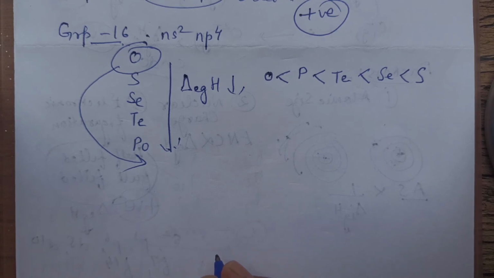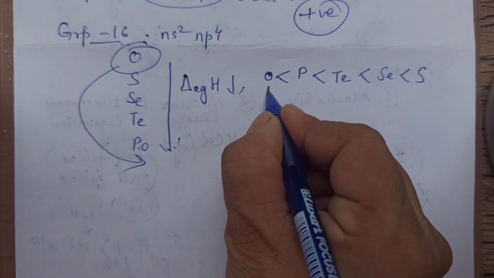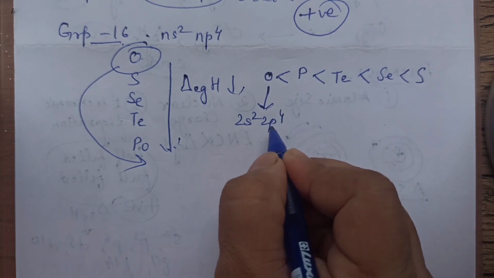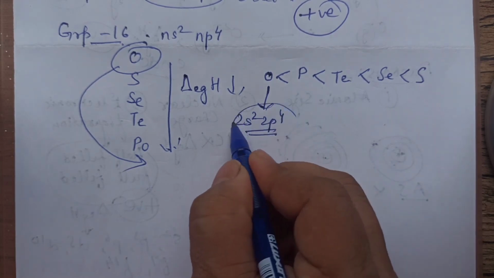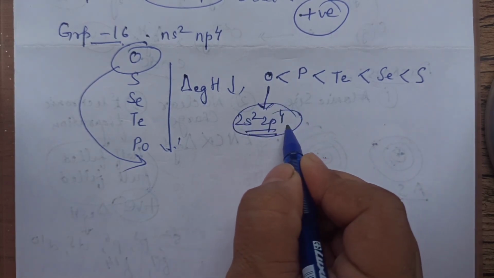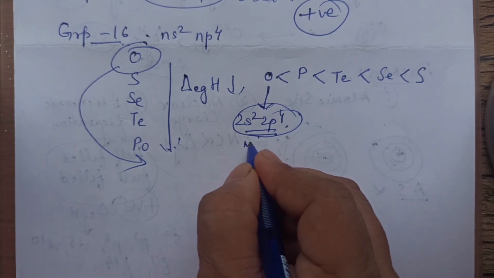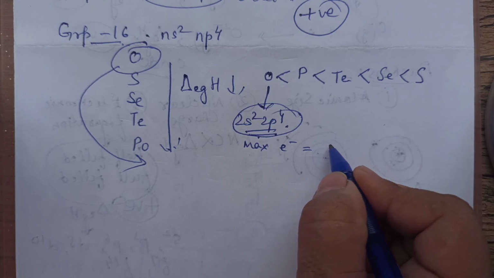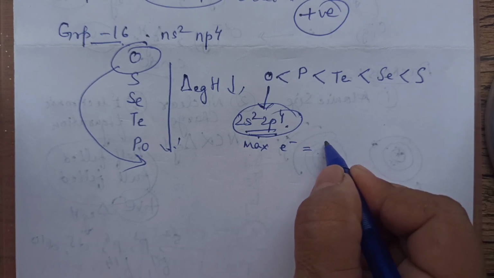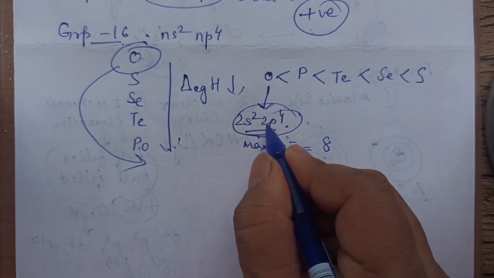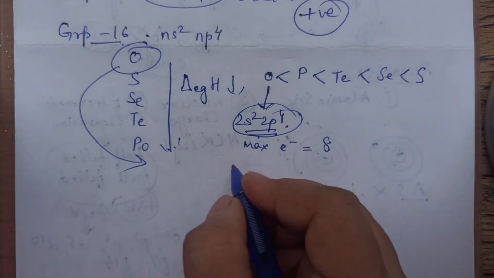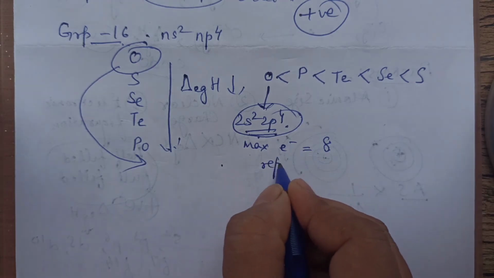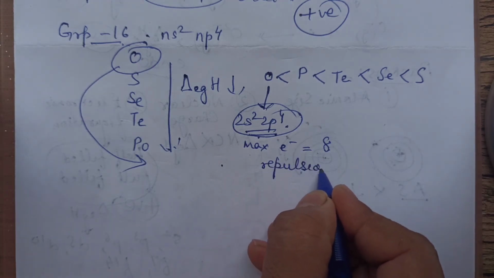But this is the exceptional case where the configuration of oxygen is 2s2 2p4. 2s2 2p4 means the second shell is the valence shell, in which the maximum number of electrons that can be accommodated is 8, of which 6 are already there. So the incoming electron will face more repulsion.